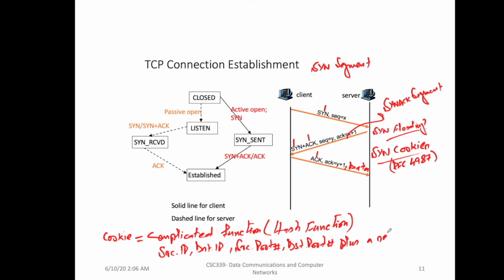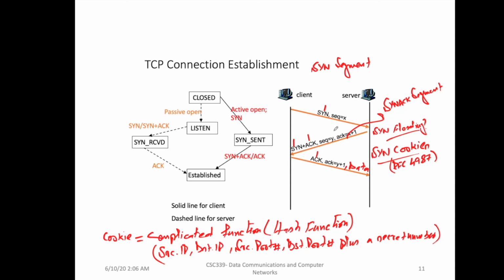This secret number is known to the server only. So I will take all these values, do a hash function, and whatever the result is, it is called a cookie, and this will be the initial sequence number of the SYN ACK segment generated by the server side.